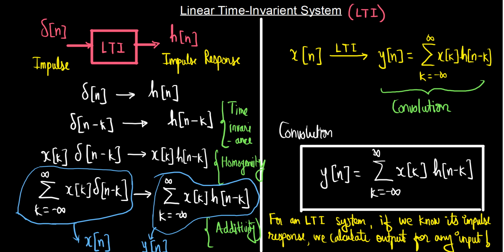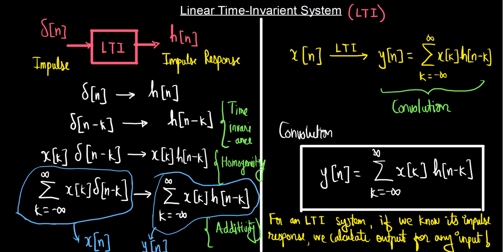That means we just need to know the impulse response of the system. If that is known, we can determine the output for any input. So we don't need to check the output for each and every input. We just need to know the impulse response, and no matter what the input is, I can tell you the output by using this convolution sum.